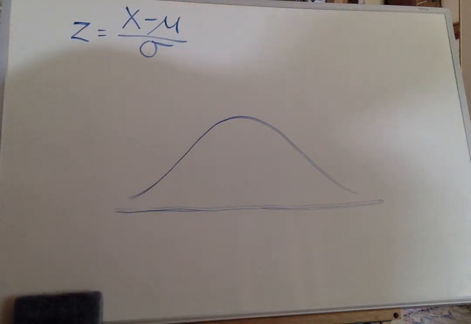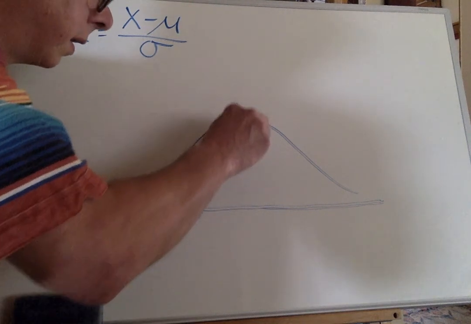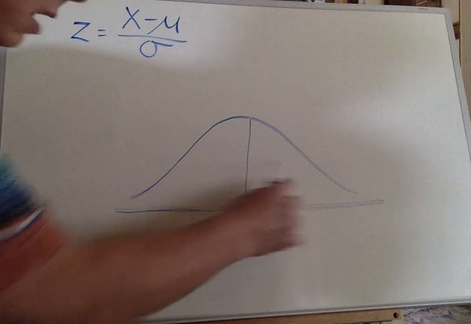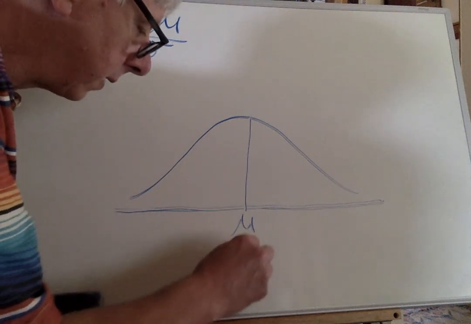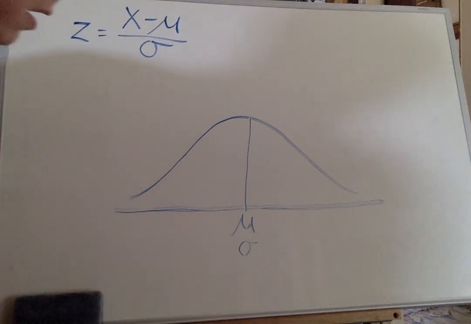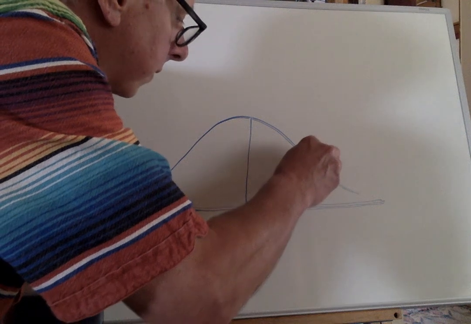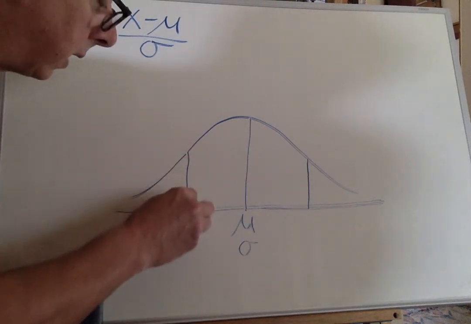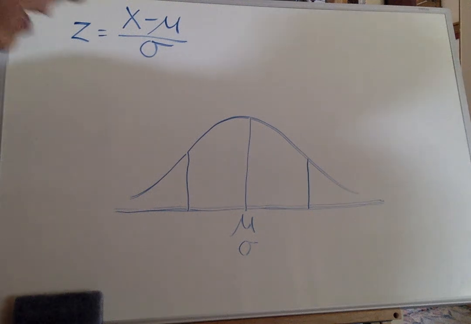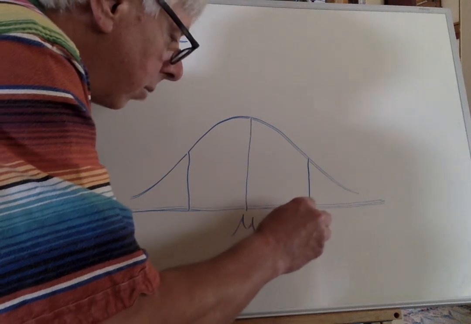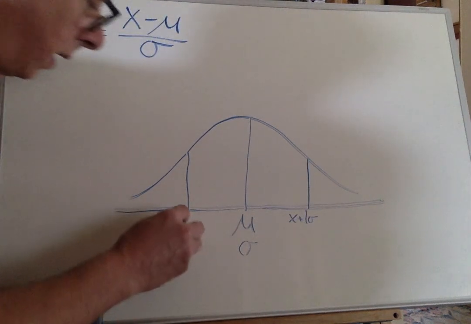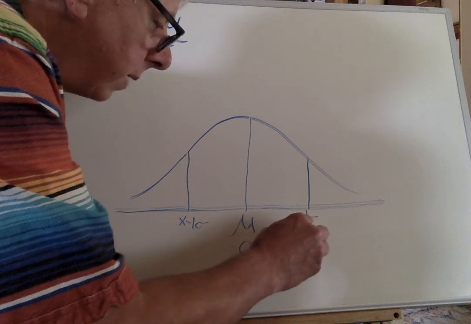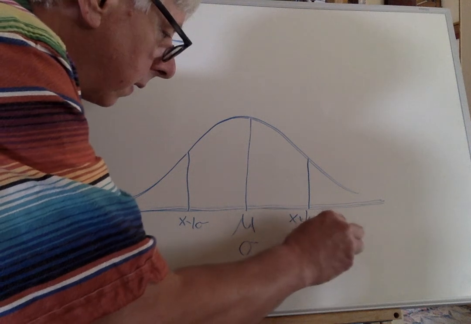Again, here's where the mean would be. We can talk about variability, and that would be the standard deviation. Once again, I'm going to try to do this fairly accurately. That's about 1 standard deviation away, so this is x plus 1 standard deviation. This would be x minus 1 standard deviation. So this would be a z-score of 1.